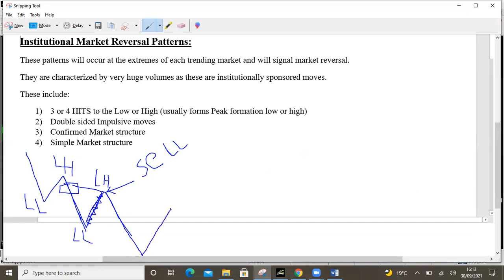And therefore, now you can continue riding until you reach a low and look for a market reversal pattern. So you expect it to go to the low, create a market reversal pattern, and then start buying.